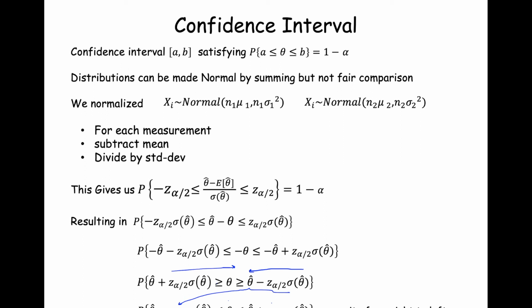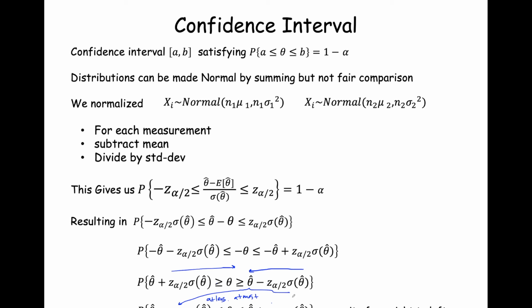You can also read that as saying theta, my unknown ground truth parameter, is at least theta hat minus this z-score times the standard error, and at most theta hat, our estimator, plus z-score times standard error.